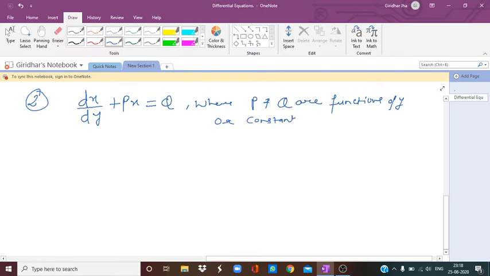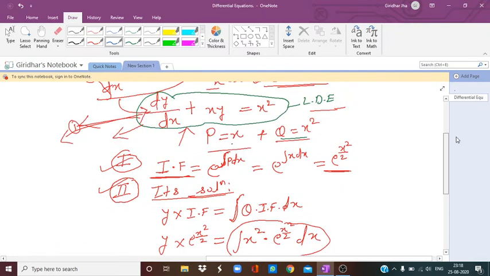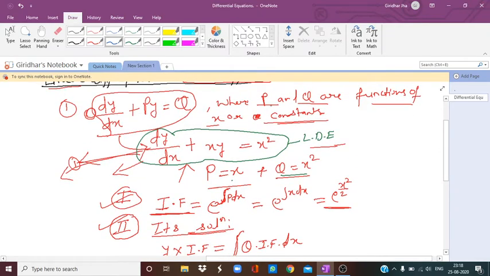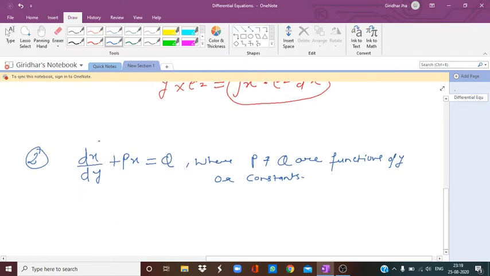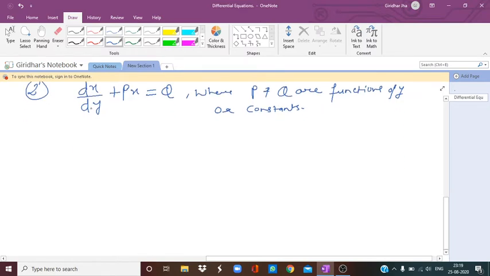Look at the change. The previous form was dy by dx plus py equals q, where p and q are functions of x or constants. The second form is dx upon dy plus px equals q, where p and q are functions of y, or you can say constants.